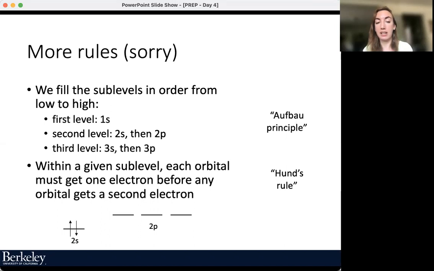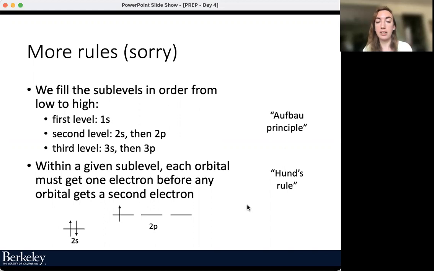If we have a second electron, it's also going to go in the 2s orbital, because we're filling our 2s sublevel before we start filling our 2p sublevel. Now our 2s sublevel is full because each orbital can only have 2 electrons. Then we move on to the 2p sublevel.